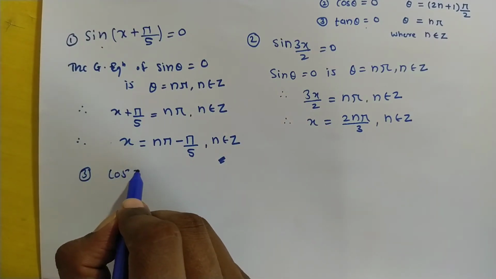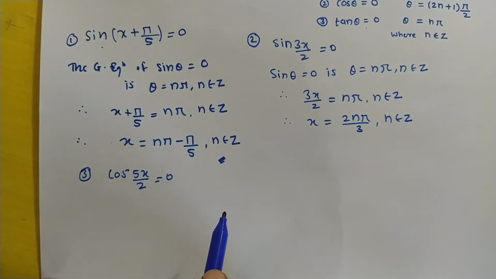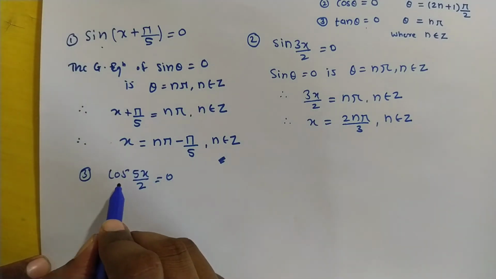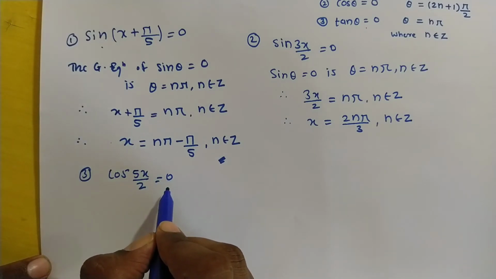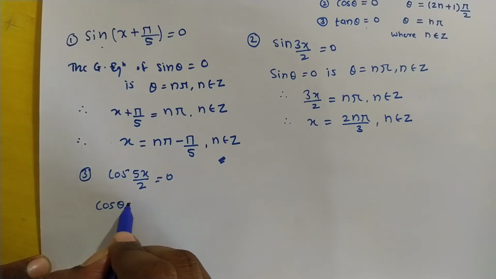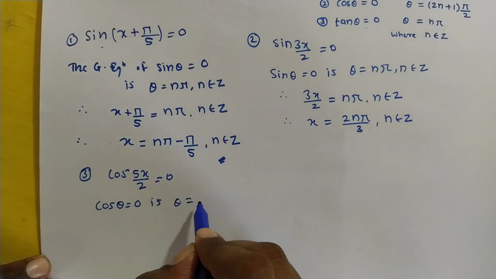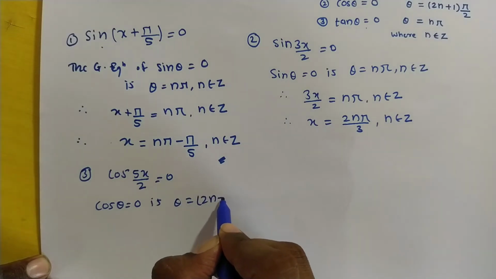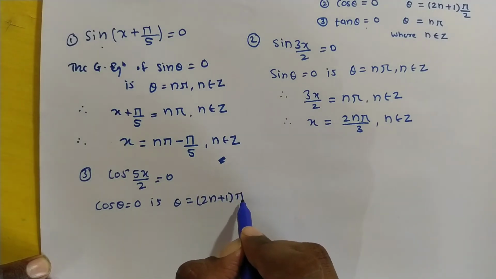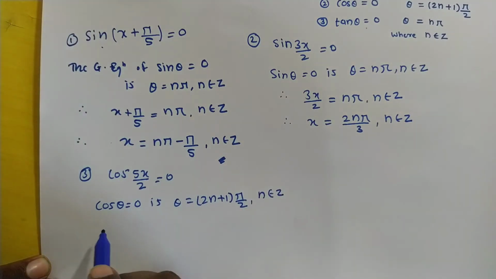cos of 5x divided by 2 equal to 0. We know that this is the cos theta equal to 0 format. So the general solution of cos theta equal to 0 is theta equal to (2 times n plus 1) pi by 2, where n belongs to the set of integers.